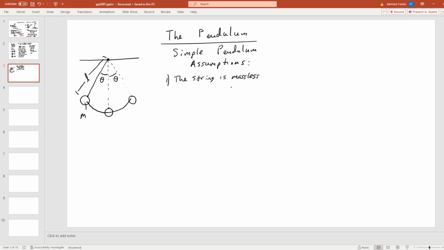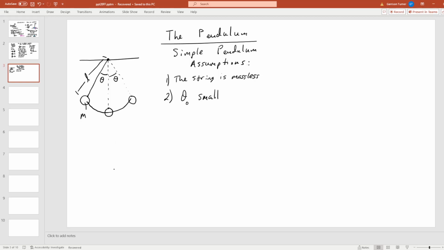Okay, and then number two, the angle is small. The initial angle of displacement is small. Okay, so with these two guiding principles, we can derive the properties of the simple pendulum as follows.